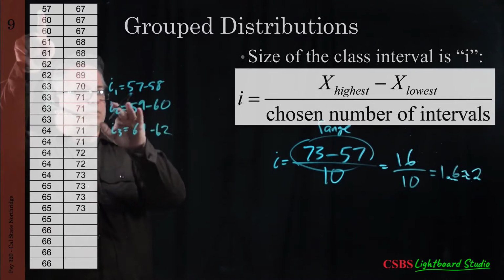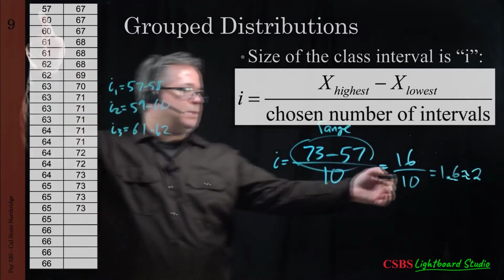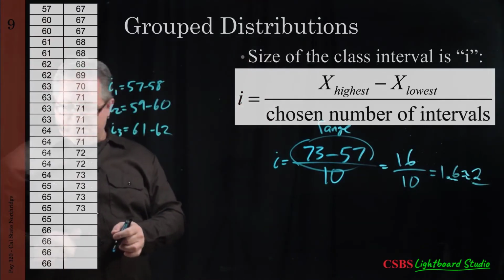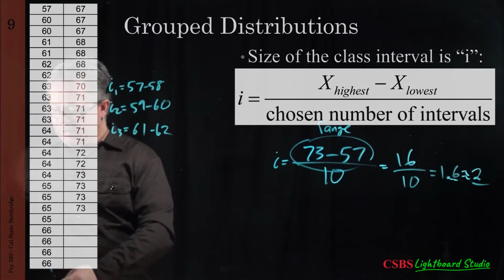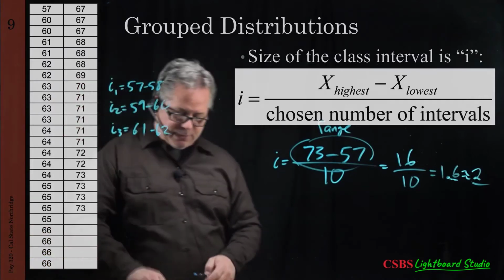So we figured the class size is 2. What numbers go into each of these classes? We start with the lowest number and work our way up. We can just group everything into groups of 2, and those are going to be our classes for our grouped distribution.